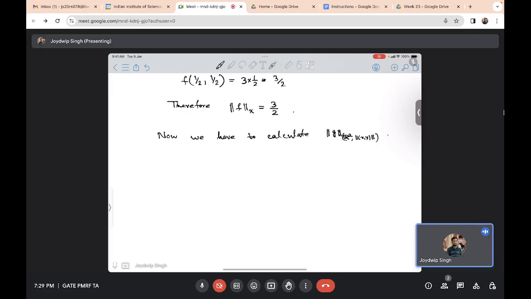So basically this is a linear functional, right?